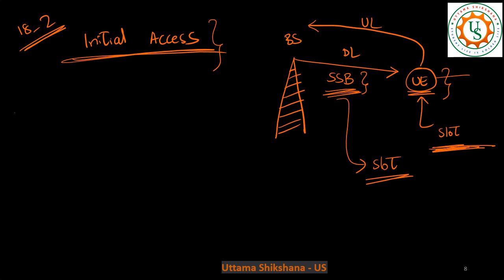So now, when the UE decodes the SSB, the first thing is it identifies the beginning of the slot, it aligns with the slot boundary, and along with that, it is going to get some more configurations. Those configurations are required for the UE to proceed with the further decoding of the signals.